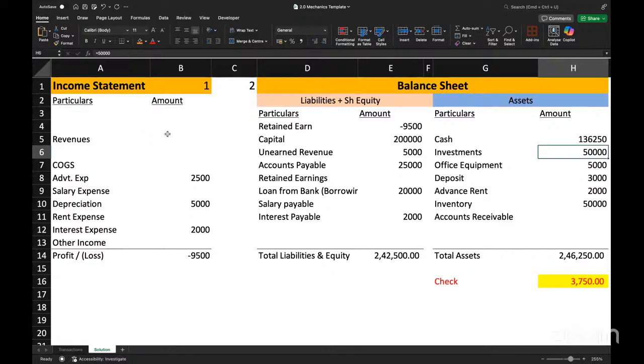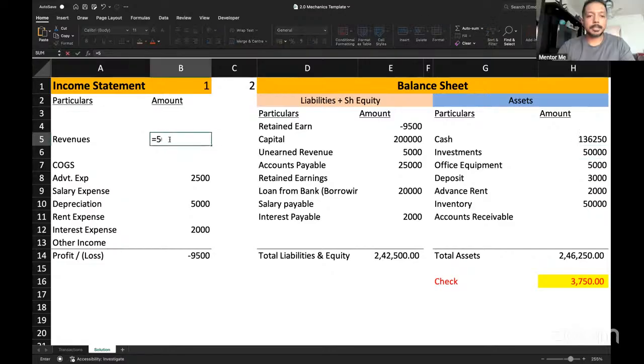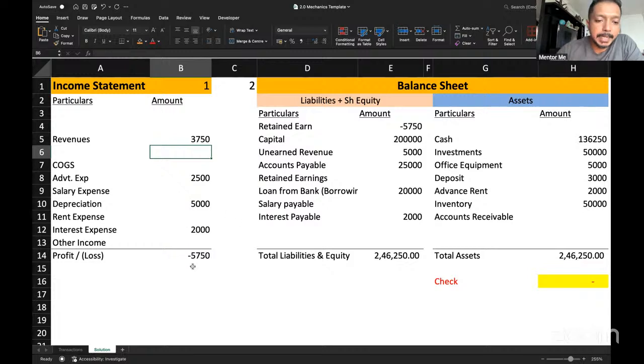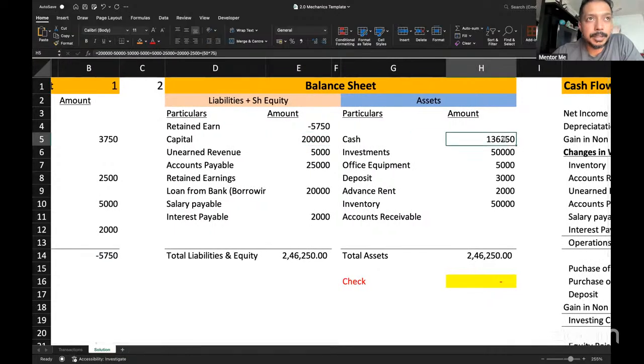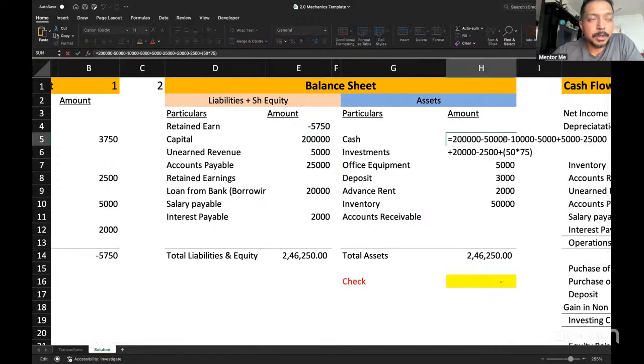Yeah, right, because the risk has been transferred. 3,750. See now how it is affecting. Your 3,750 increased your profit. It was more negative, now it is less negative. Right, affected the retained earnings. And parallelly, your cash increased by 50 into 75.